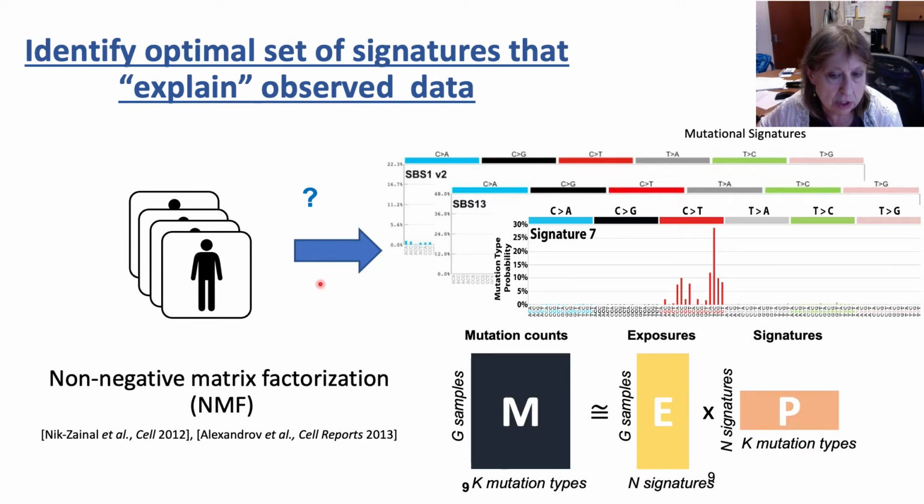Under the assumption that the mutations in each patient can be explained as a linear combination of the mutations from each mutagenic process that acts on a given patient's cancer genome, a natural mathematical formalization that allows us to identify such an optimal set of signatures would be using non-negative matrix factorization. And this is exactly what Alexandrov et al. did.